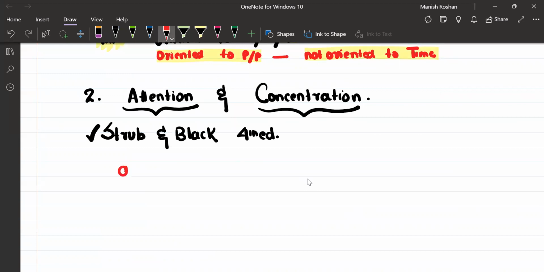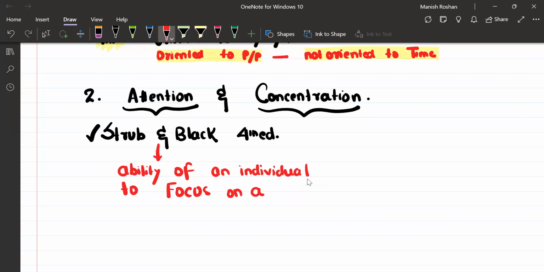It is the ability of an individual to focus on a specific stimulus. This is the first part of the definition.